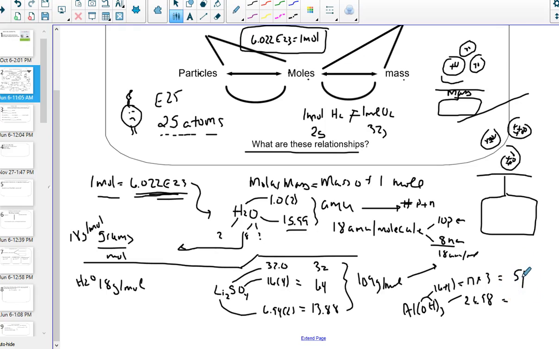And then just one of those aluminums, 26.9. So 51 plus 26.9 is 77.9 grams per mole. Typically, if it's like 0.98 like that, I might round to 27. But it's up to you.